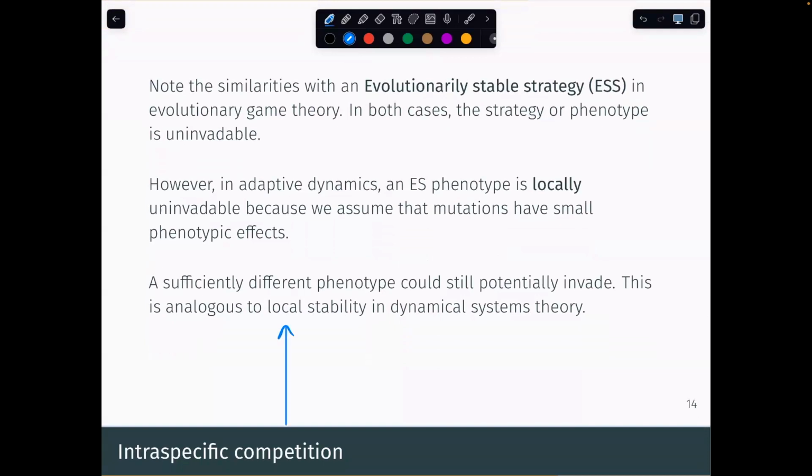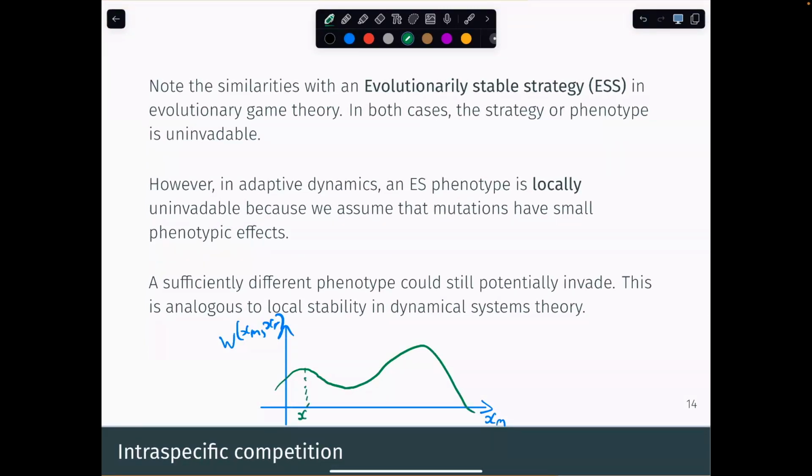So for example, if I was to draw a cross section through my W of XM, XR, I'm just going to fix XR in this case, so I can draw it with just a curve. I'm just taking a cross section through here. Maybe it looks something like this. Perhaps this value here is X1 star, and this value over here, X2 star.